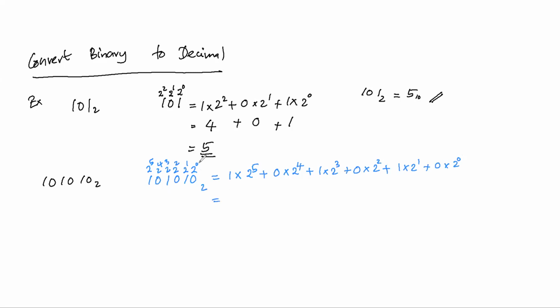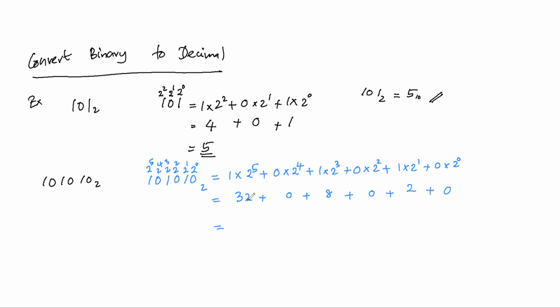We know that this is 1, 2, 4, 8, 16, 32, right? So this is 32 plus 0, this is 8, this is 0, this is 2, this is 0.